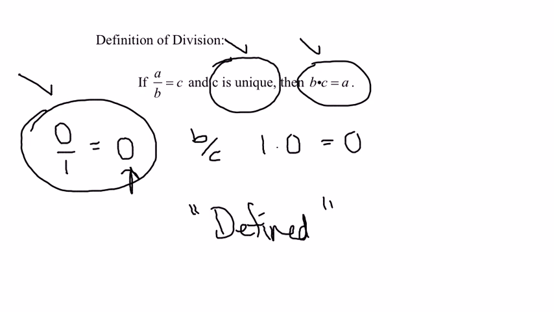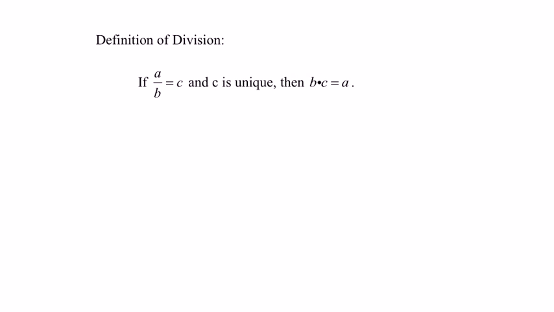Okay, our next example is 1 divided by 0. A lot of people like to guess that it would be 0, so let's try that out. We take our B, which is 0, multiply it by our C, which is 0, and we don't get what A is, because of course 0 times 0 does not equal 1.